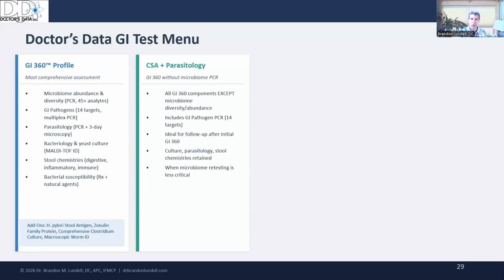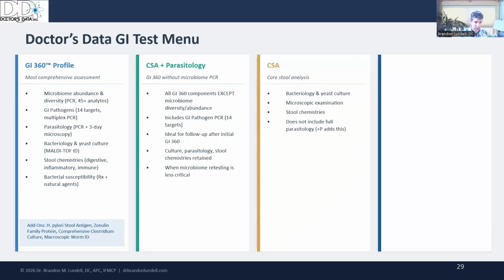A lot of times the GI 360 becomes your initial assessment, but these other tests become your follow-up assessments. The comprehensive stool analysis gives you the bacteriology and yeast. It includes everything except the microbiome and the PCR GI pathogens. Okay, but you still get the bacteriology and yeast culture.